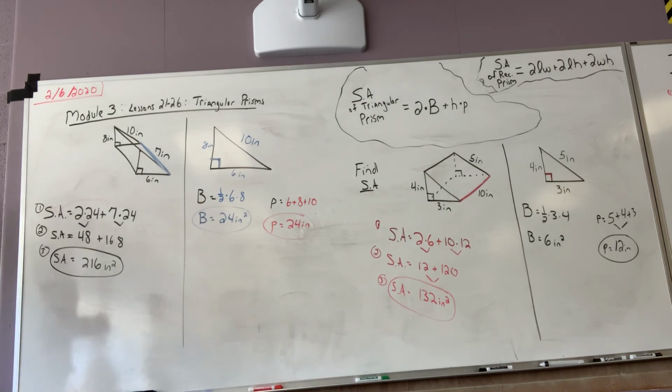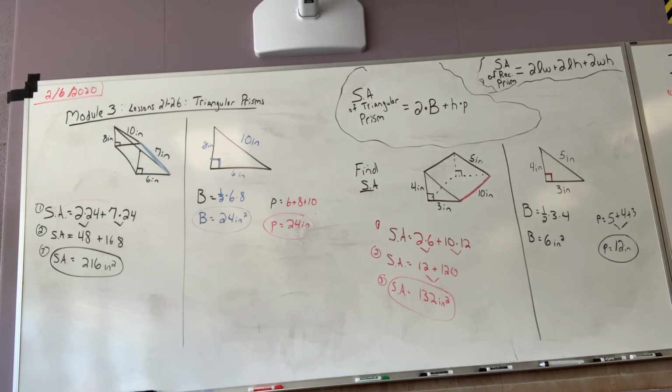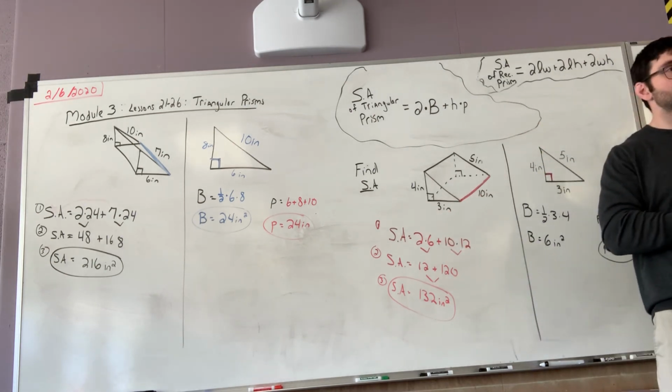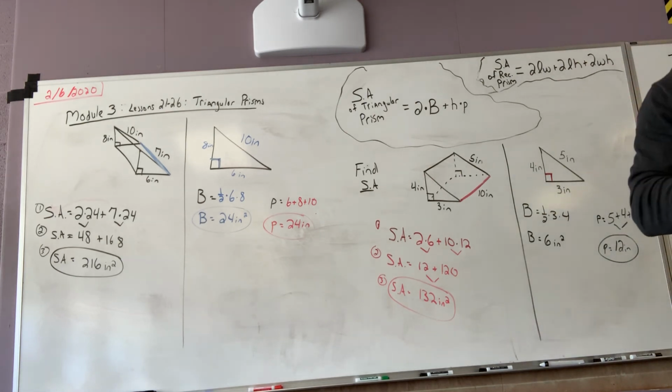On that homework, circle number 3, number 10, and number 15. I should be seeing on a separate piece of paper the redrawn triangle, how you found capital B, how you found lowercase p, and then 3 steps on how you found the surface area. Are there any questions? Get started.